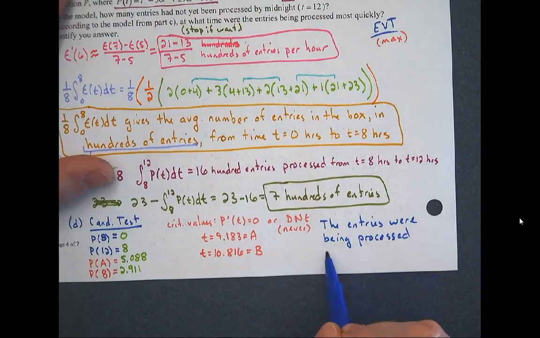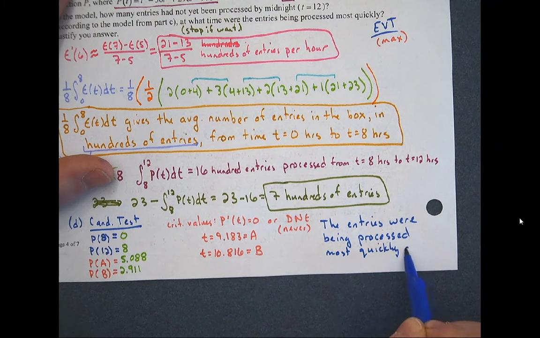Were being processed most quickly at time t equals 12. Is it hours? I forgot already. Yep, hours.